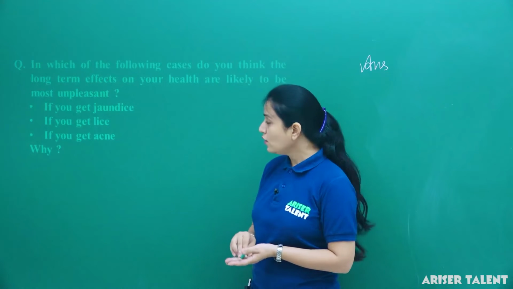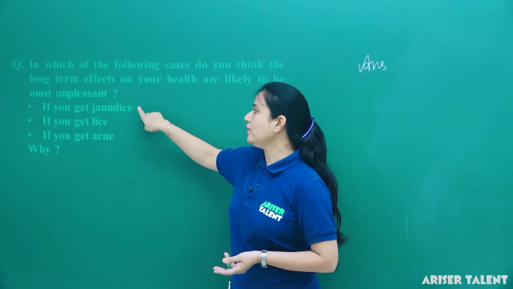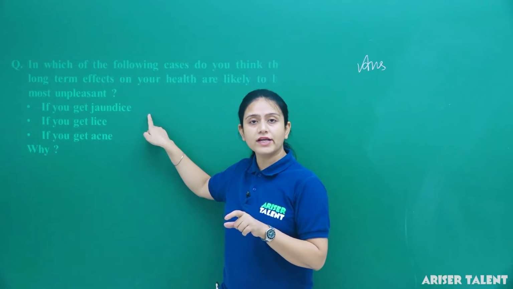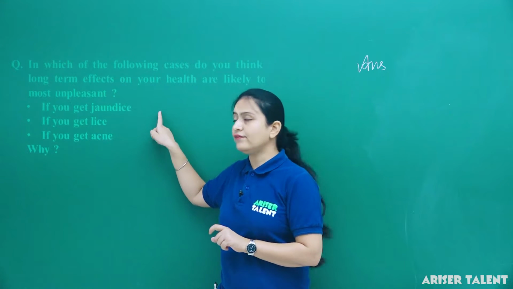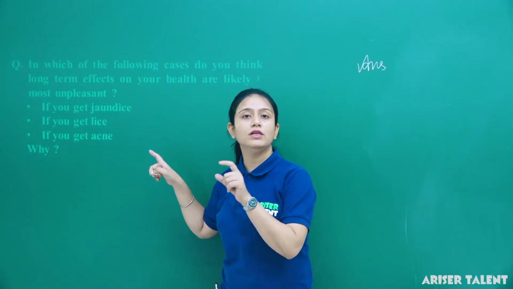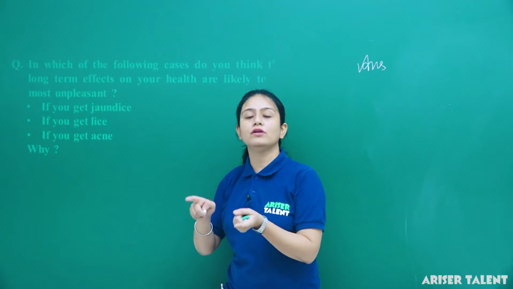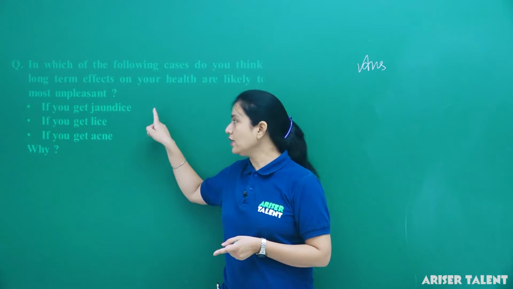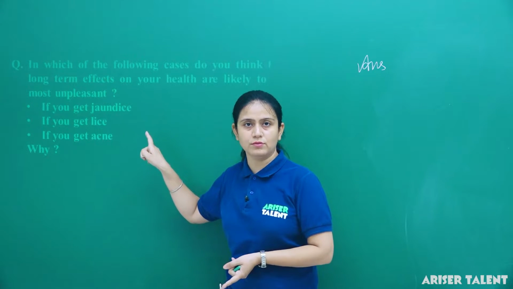Let's talk about all these three conditions. If you get jaundice, it affects the liver, and the person will lose appetite and it will cause great damage to the body because it will cause weakness and have a long term effect on the body.